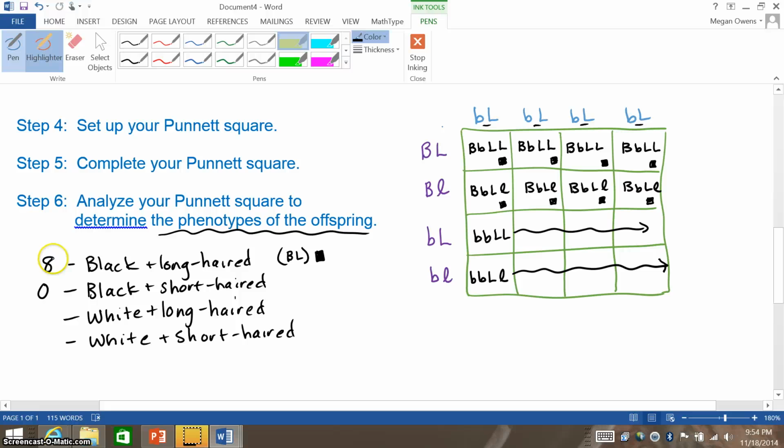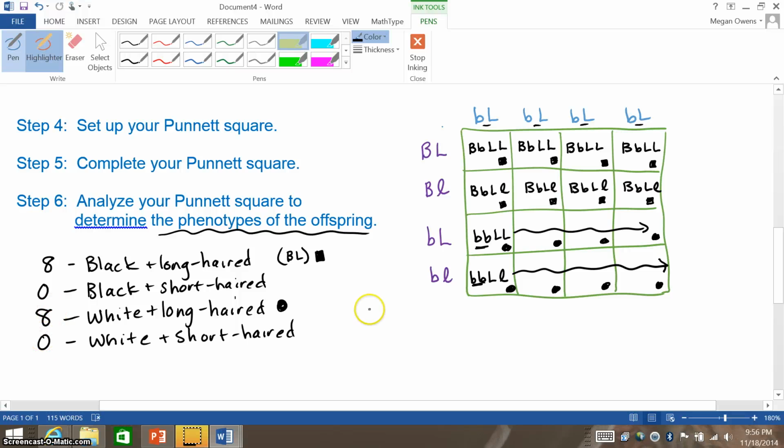Now these next 2 boxes I know have little b, so that means they're white, and they both have at least one capital L in them, giving them long hair. So I'll represent them with a circle. So these 4 in the 3rd row, and then these 4 in the 4th row would all be white-haired because they are little b, but long-haired because they have the big L, and you don't have any white and short hair.